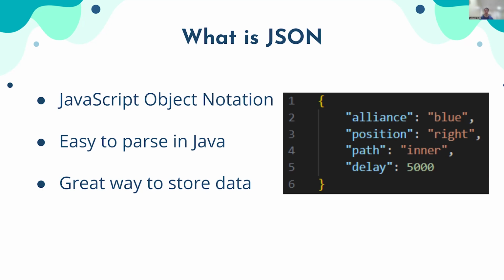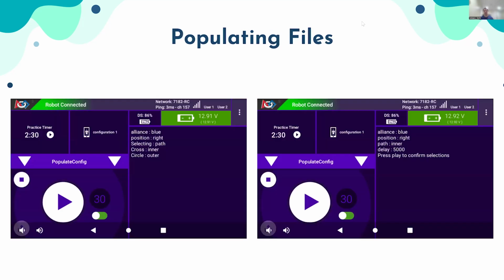We use a library called JSON, which is included in the FTC SDK. There are other ways you can also do it, and overall we find that it is a good way to store data. So now the reason why JSON can be useful in FTC is because we have this program that will populate JSON files.